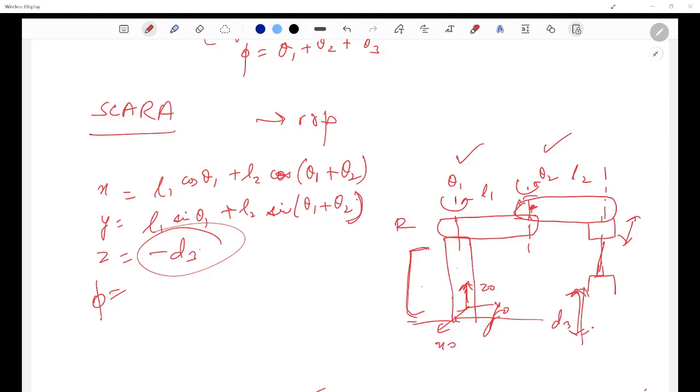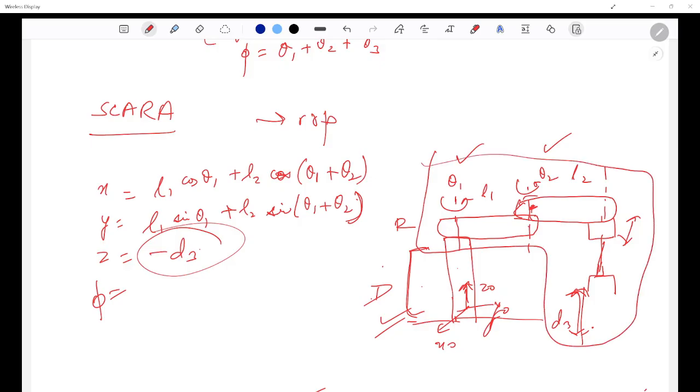Correct, that's true, because we are considering that offset because of the frames right now. So we should consider this if we have some value for this. Let's say it is capital D, then we have to take this into account. But right now what mattered was if this is resolved. And if you write in DH convention, then you'll be only dealing with this, and it would just be an extra transformation matrix. That's it.